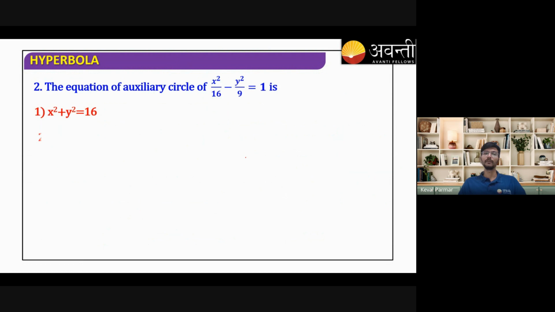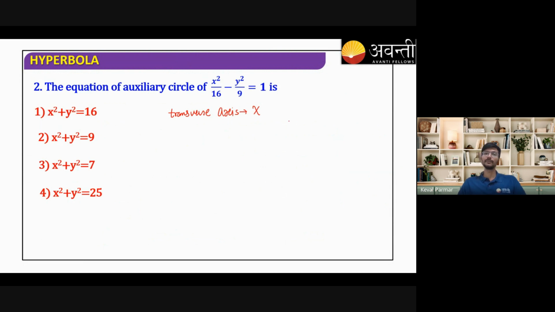Next. The equation of auxiliary circle. What is meant by auxiliary circle? See, this is the standard hyperbola where the transverse axis, I hope I have written the spelling right, the transverse axis is the x-axis.